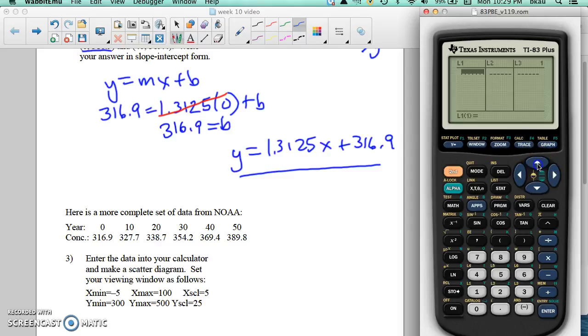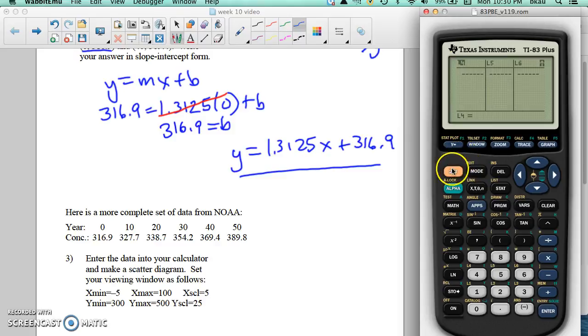Now, if you're missing L1 or L2, let's say someone went up here and actually pushed delete, and so you don't see any there. You can scroll to the right or left, and I don't see L1, L2. And in this case, I deleted L3. They're not really gone. They've just been deleted off the screen. We would have to go to the top, so it's highlighted like that.